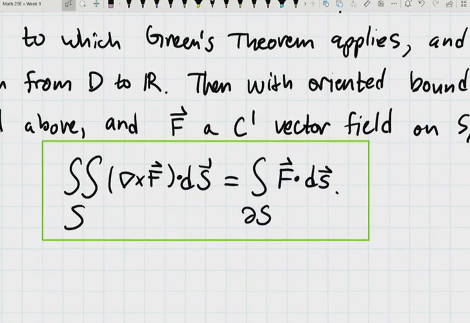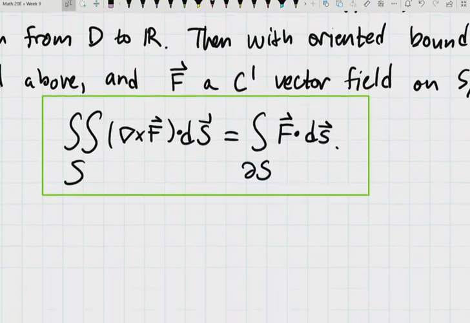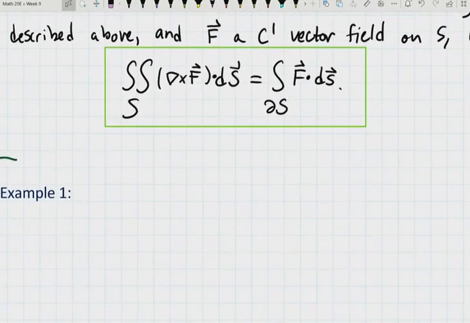So with that being the setup, you can see right here is Stokes' theorem for graphs. Let's do an example. Here's my example. Let f be the function xy, comma z, comma 0.